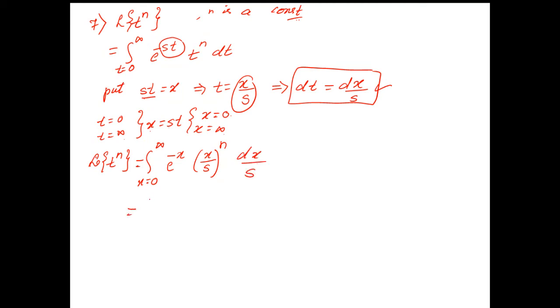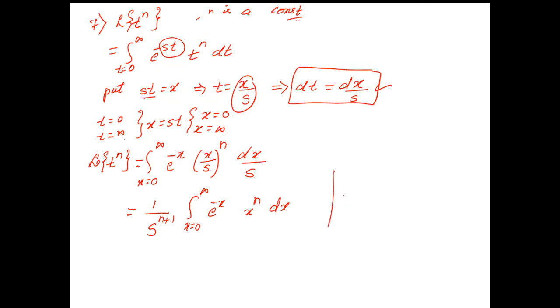This can be written as 1 divided by s to the power n and one more s, so s to the power n plus 1, times integration x is equal to 0 to infinity e power minus x, x to the power n dx.